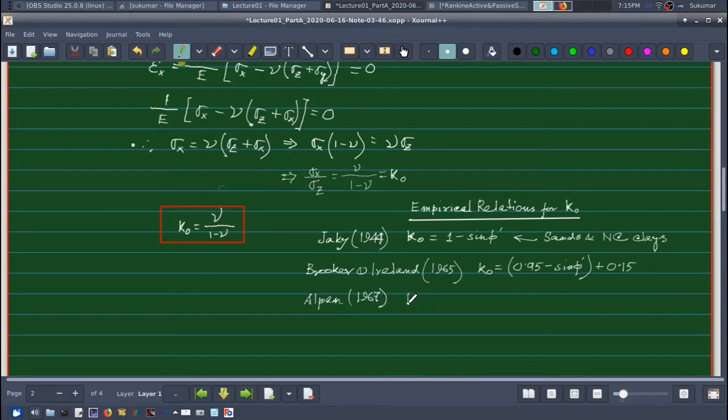K0 equal to 0.19 plus 0.233 log of plasticity index. Okay, and this is true for clays.